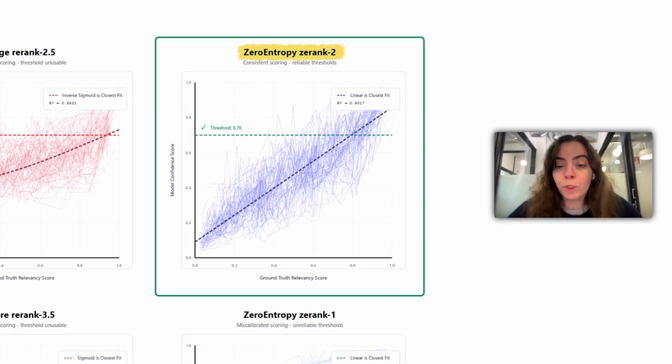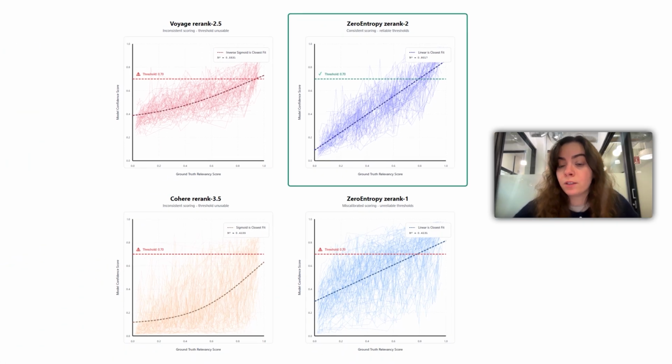At ZeroEntropy, we tried our best to solve this very big problem. We had to do a lot of calibration, but the result is that now the scores of the re-ranker correlate linearly with the ground truth, meaning that if zerank 2 outputs a score of 0.7, it actually means 0.7 relevance across all queries, all verticals, and all languages.